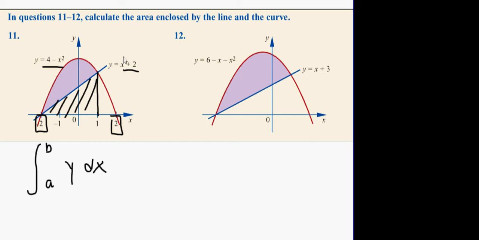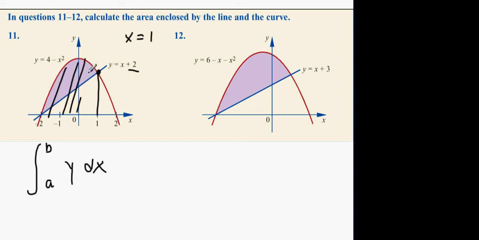Okay? Now, looking at this information here, we can see that the full shaded region ends at the point x equals 1. So it ends at x equals 1, and then we have this equation here. What I need to do is find the area of this region here.